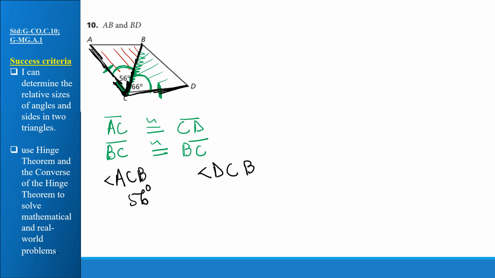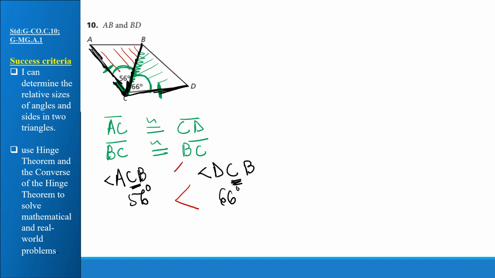See, this angle C is coming in between. It means we are talking about the same angle but from different perspectives. It is 66 degrees. Which one is bigger? 66. So you can write here 56 is less than 66.